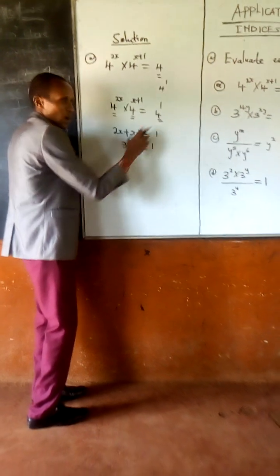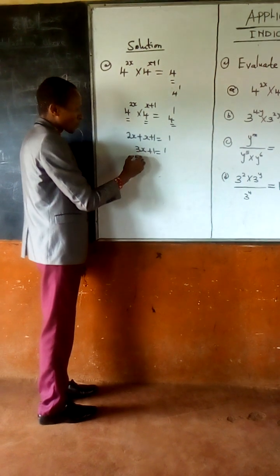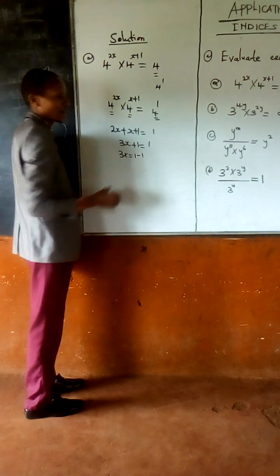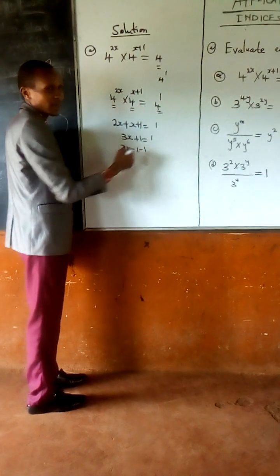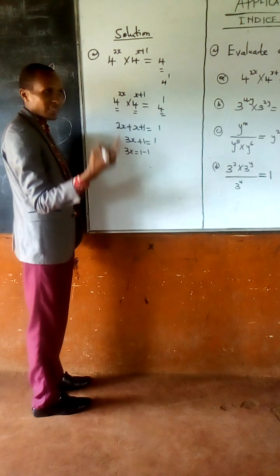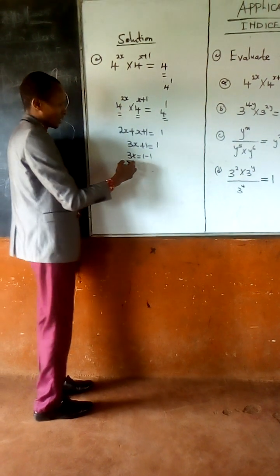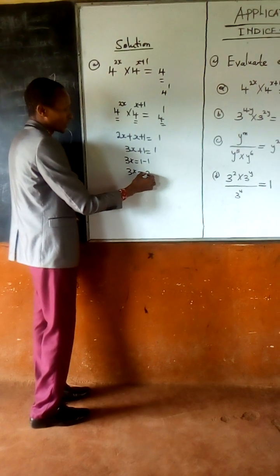We need to take this 1 across so that we remain with 3x. So we say 3x is equal to 1 minus 1. A number 1 minus 1, it's like saying 10 minus 10, gives us 0. So you say 3x is equal to 0.